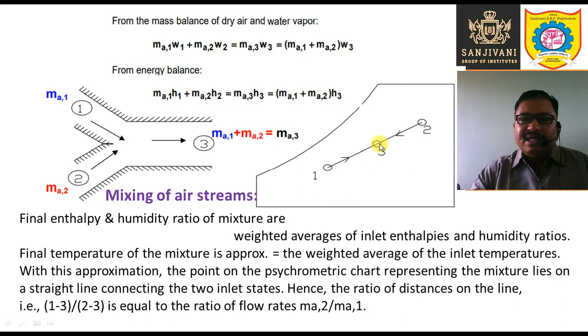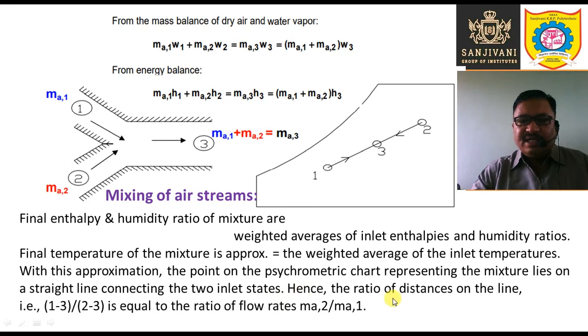So this point 3 will lie on this line joining 1 and 2 approximately. If that approximation is considered, then this point 3 is lying on the line joining 1 and 2.